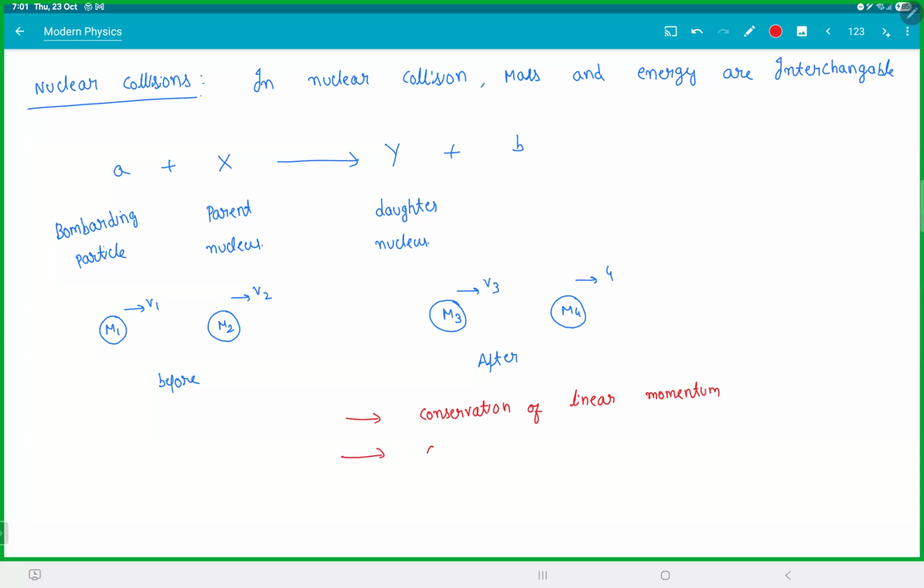Energy plus mass is conserved, and conservation of charge. So let's see how this works.